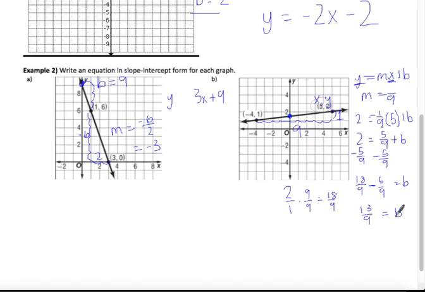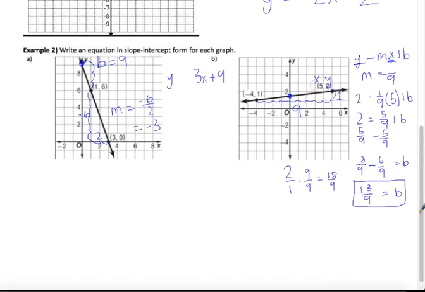So as I warned you earlier, if you had tried to guess and say that b was maybe 1.5 or 1 2/3, you would have been wrong, because 13 over 9 is neither of those things. So our final equation here is y equals 1 over 9x plus 13 over 9.